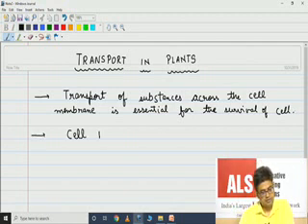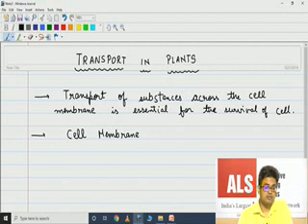Cell membrane is just the plasma membrane. The plasma membrane present around the cell is called the cell membrane. If it is present around the chloroplast, we will call it the chloroplast membrane.